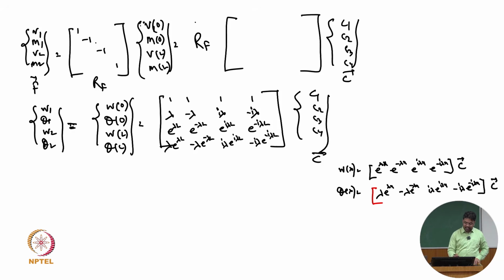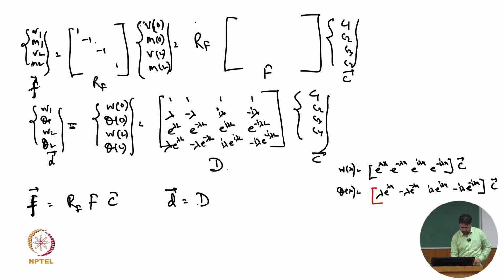So this is my F matrix and this is my D matrix, this is my D vector and this is my force vector. So my force vector is equal to RF into F into C, and my small d is equal to capital D into small c. Agreed, all of you? So what is my target?